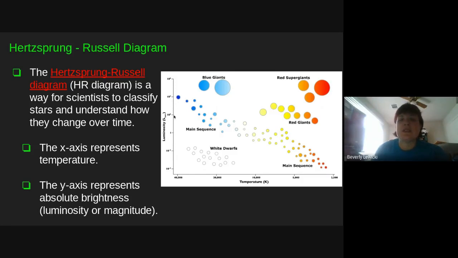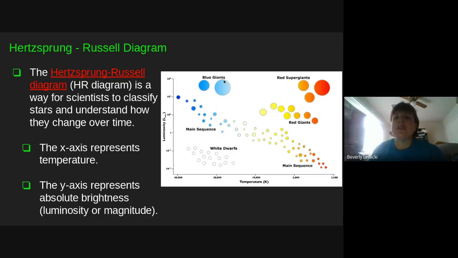So this is 10 with extra zeros. Remember our scientific measurements, right? Do we know how to read this? I hope you do. All right. Anyhow, this is going to be much brighter than our sun, even more brighter than our sun. And then these are our brightest stars up here at the top.